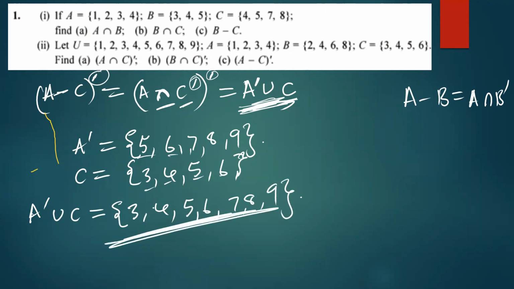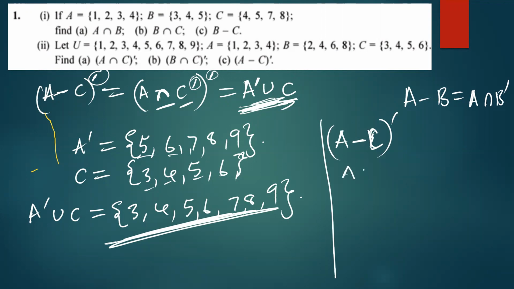If you don't want to use De Morgan's, you can first find what A minus C is, and then after finding A minus C, you now have to find the complement of the answer that you get.